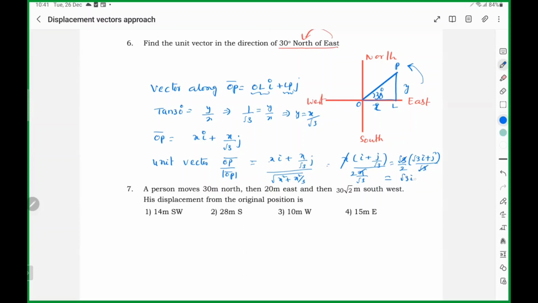So the vector in that direction is this.